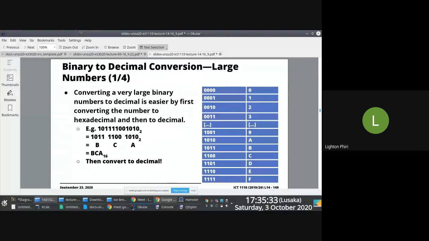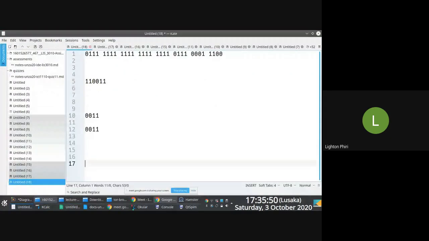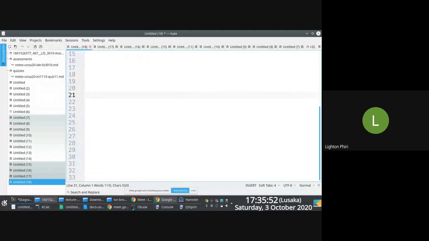Instead of doing this, you get your number and break it down into nibbles: 1, 2, 3, 4, 1, 2, 3, 4. Then you convert each nibble into the equivalent hexadecimal digit, and then you convert the hexadecimal number into decimal.